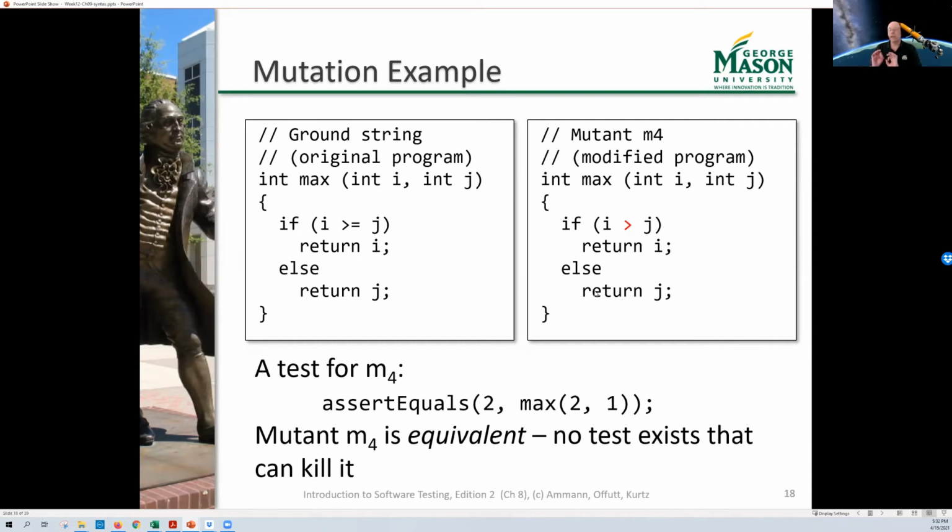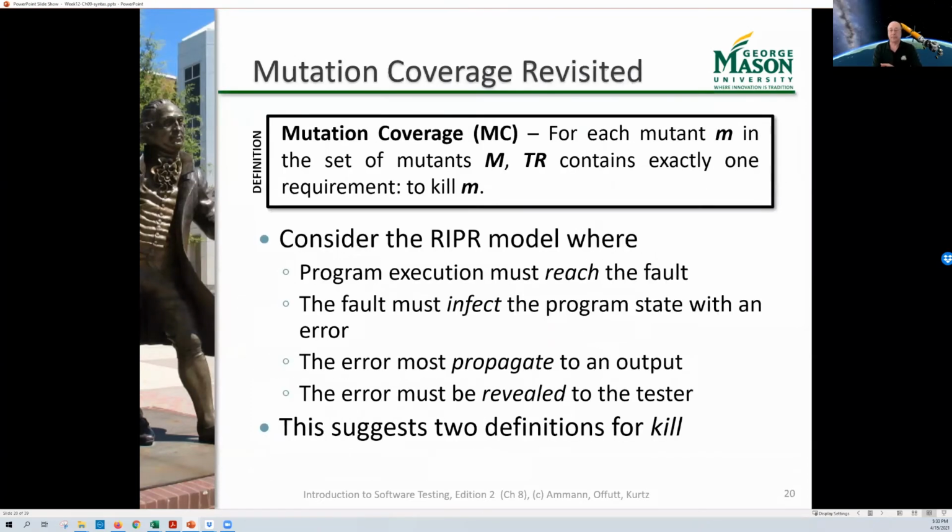And so we have weakly killed this mutant because the internal state from the perspective of the program counter is different, but we can never strongly kill it because we can never see any behavioral difference in anything that's observable from the outside.